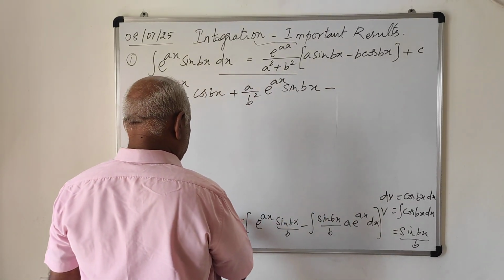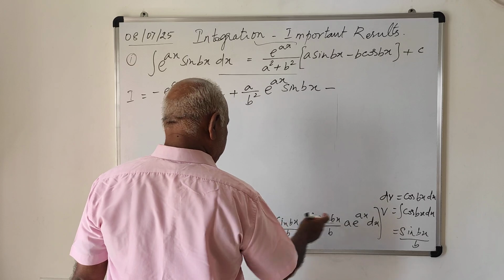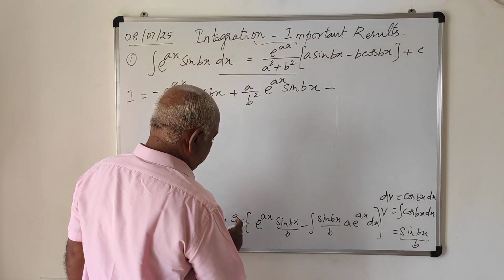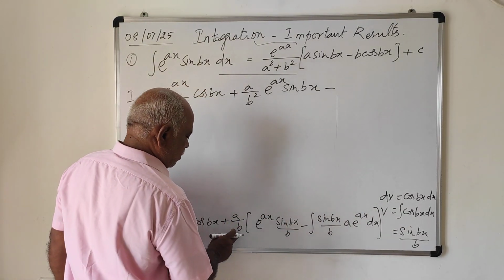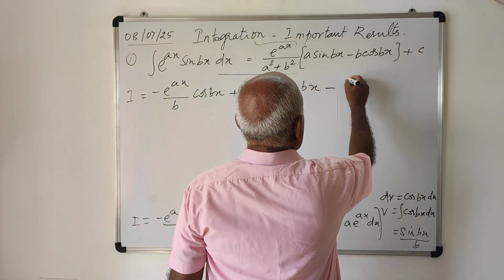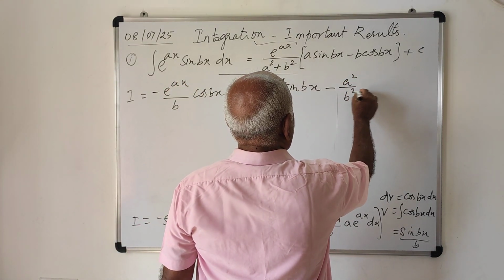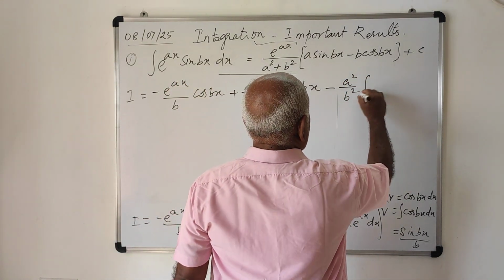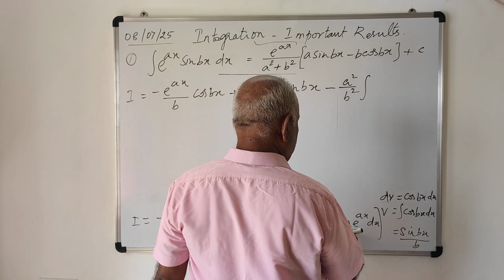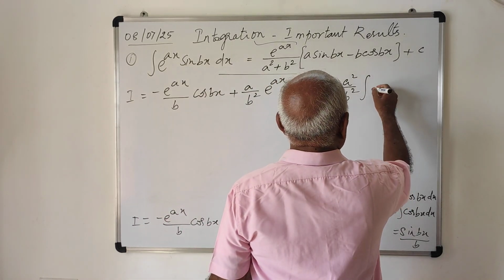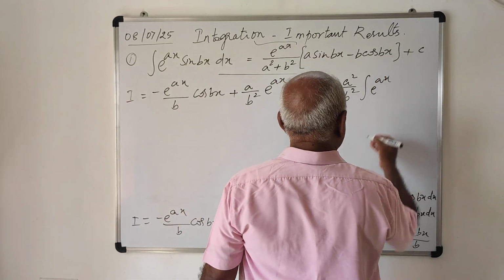Here one a is outside, and you have a into a square by b into b square. If you bring it inside, a square and b into b square, so minus a square by b square into e power ax into sin bx dx, with a taken out.